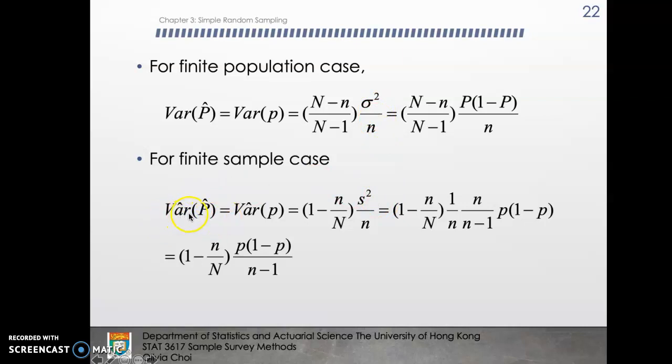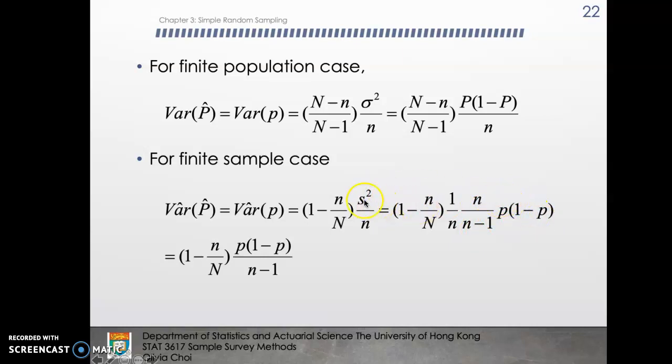So the estimated variance of our estimated proportion equals the finite population correction factor multiplied by sy square over n. Similar to what we did in measuring the y bar, right? But in this case, s square equals n over n minus 1, p times 1 minus p.